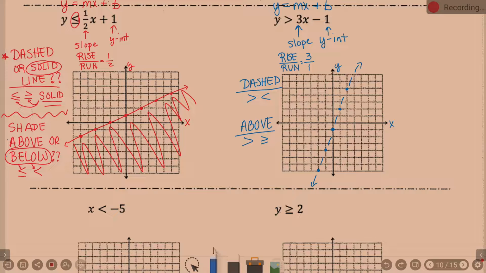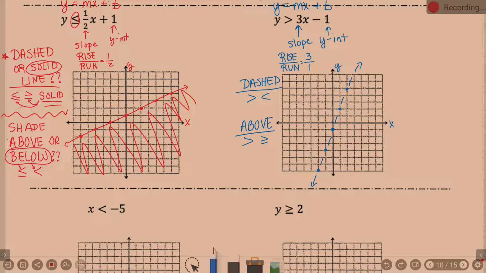We're always looking at where the y-axis is above the line. Based on my line angling this way, my above happens to be on the left, but it's not always on the left. If this line angled the other way, my above would be on the right.